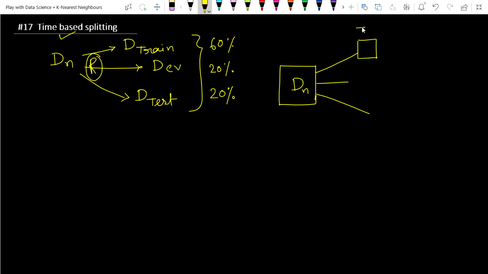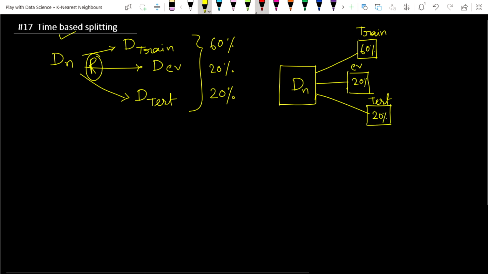Suppose it is our train data set, this is our cross validation chunk, and this is the test chunk. This is 60% of the whole data set, this is 20%, and this is 20%.